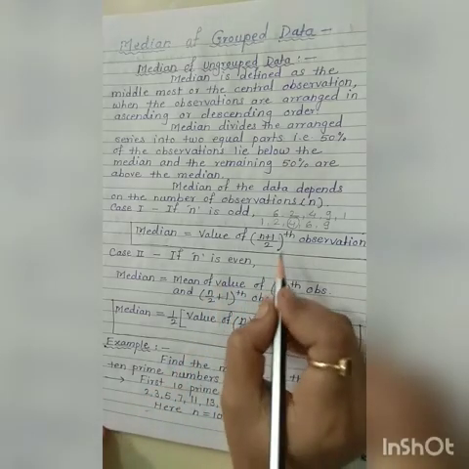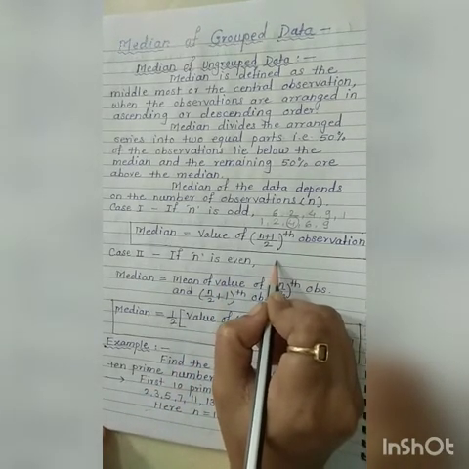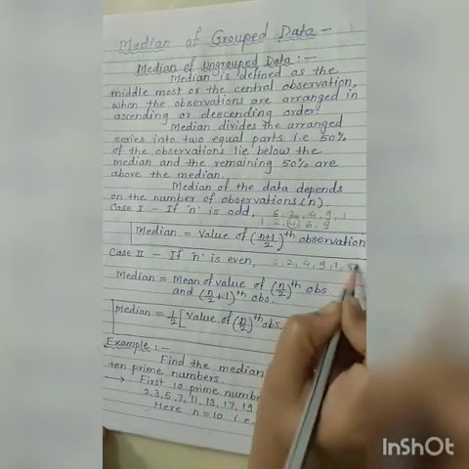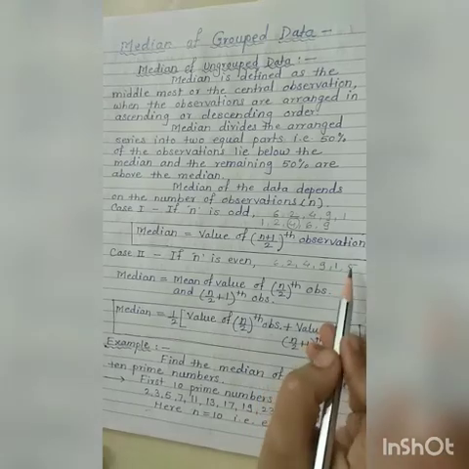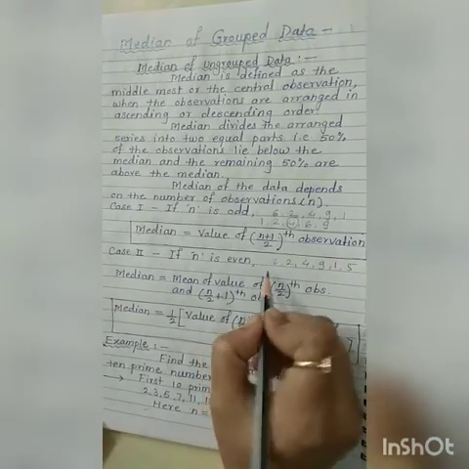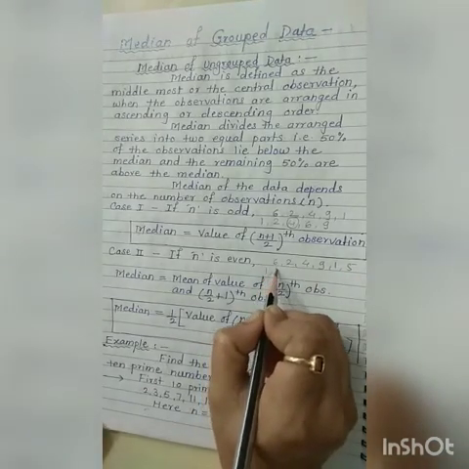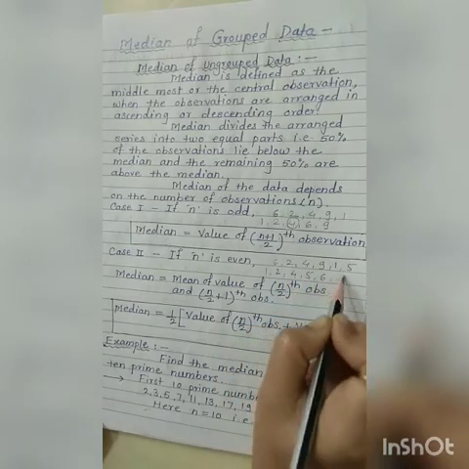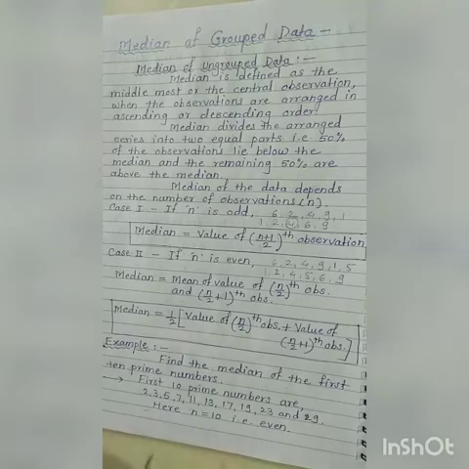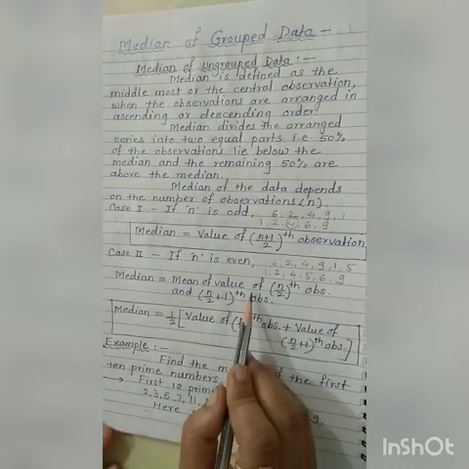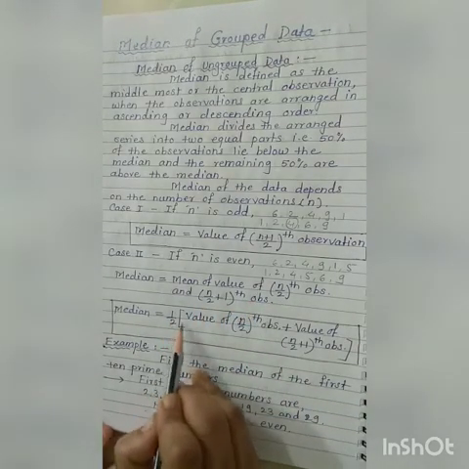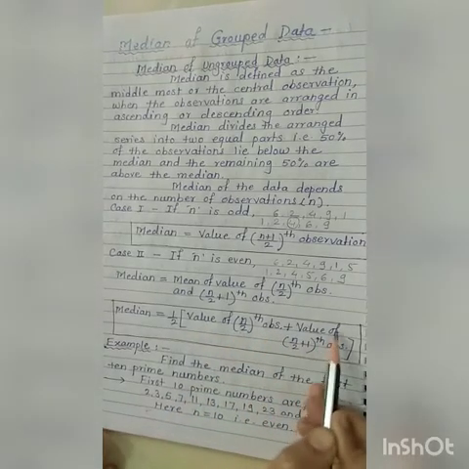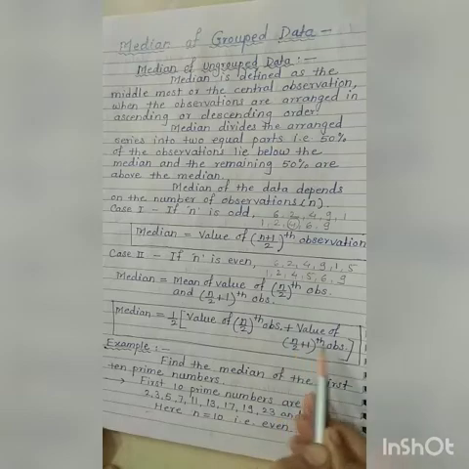Now for example, suppose there are the observations like this: 6, 2, 4, 9, 1 and 5. Now here there are 6 observations. Now arrange these 6 observations in ascending order. So 1, 2, 4, 5, 6 and 9. Now n is equal to 6, put in the formula. So half into bracket value of 6 upon 2th observation plus value of 6 upon 2 plus 1th observation.